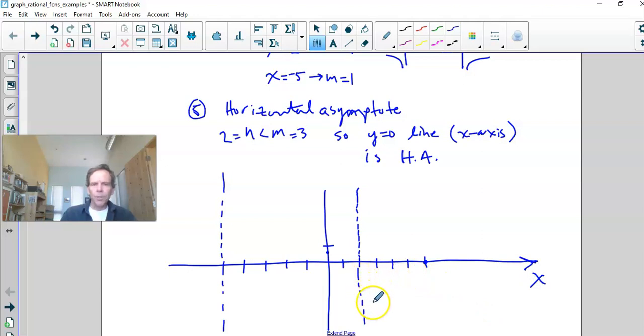Now, what's going on here? Where should we start? We should start somewhere where it's absolutely sure that the details are unambiguous. I guess that's how we would put it. We know we have to go through the y-intercept right here.